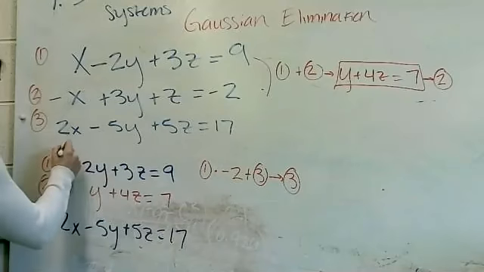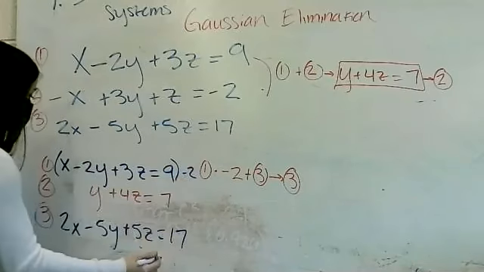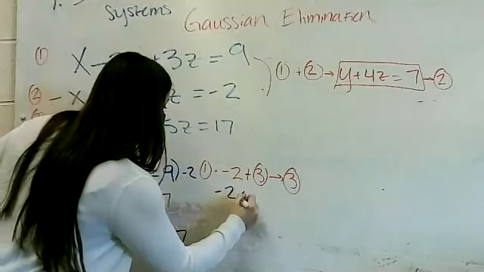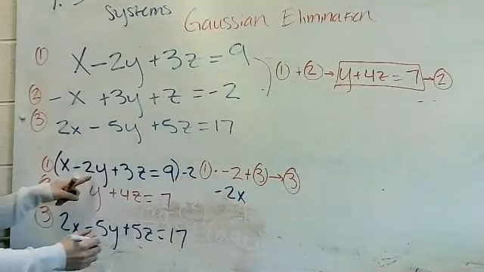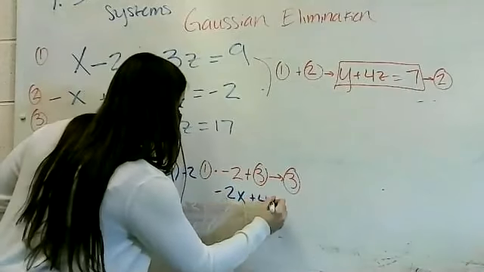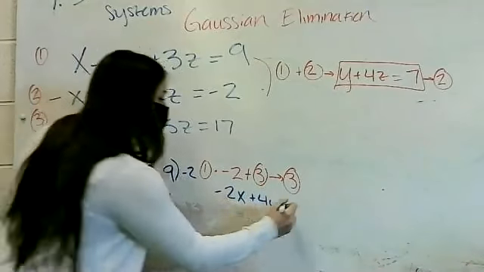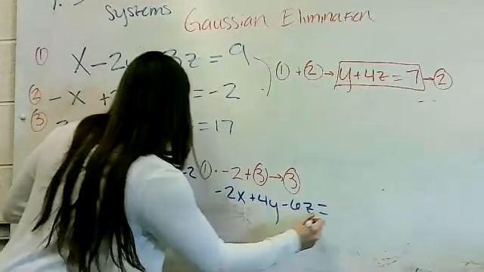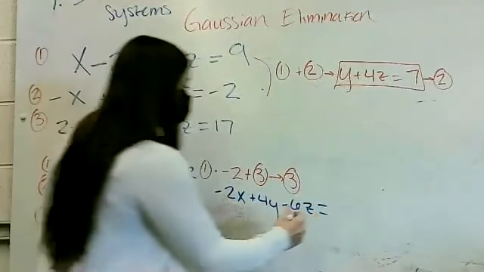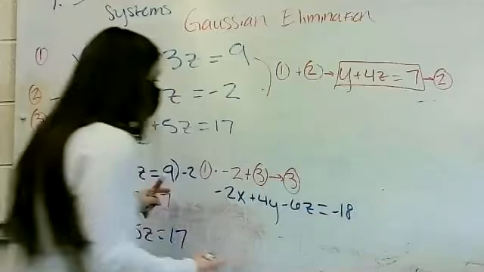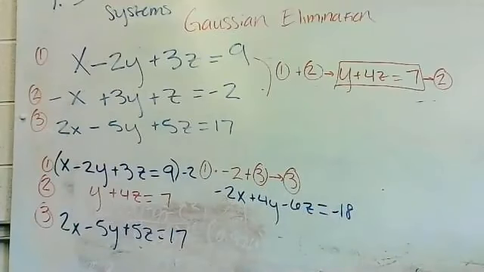If I multiply this whole thing by negative 2, I would have negative 2x, times positive 4y, times negative 6z, times negative 18. And if I do any of these wrong, please speak up, because I don't want to also mess you guys up. There's a good chance I might add or multiply wrong.